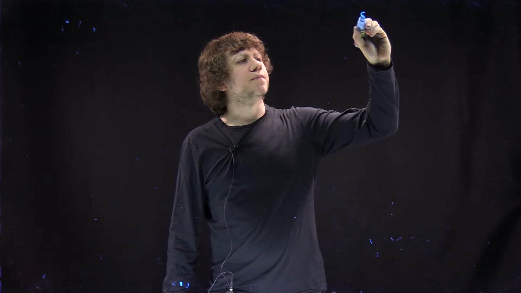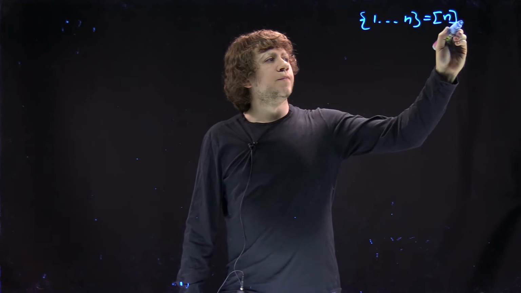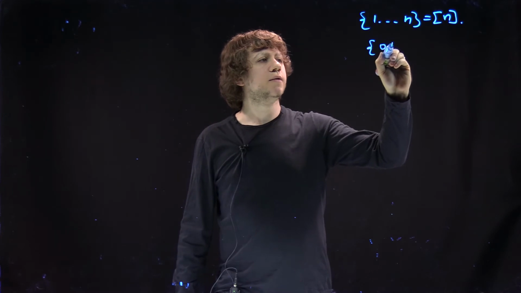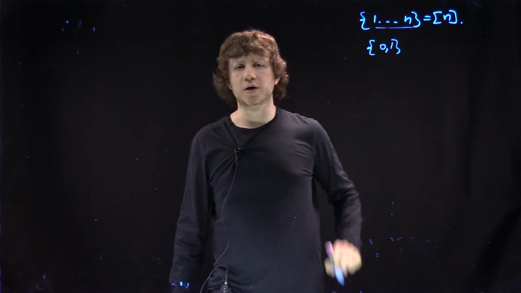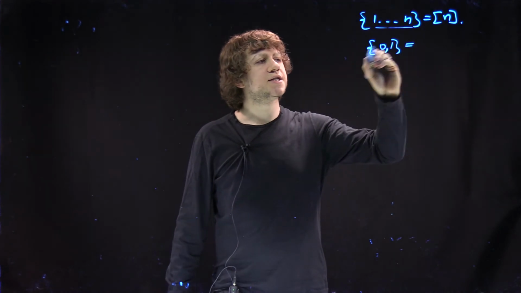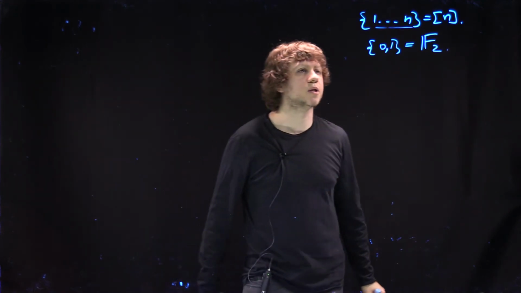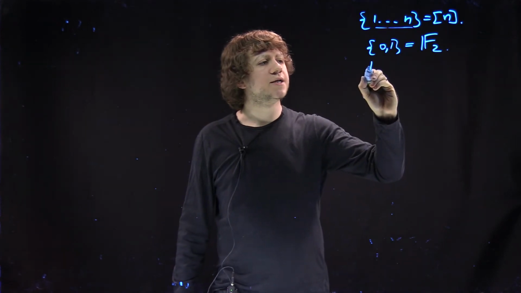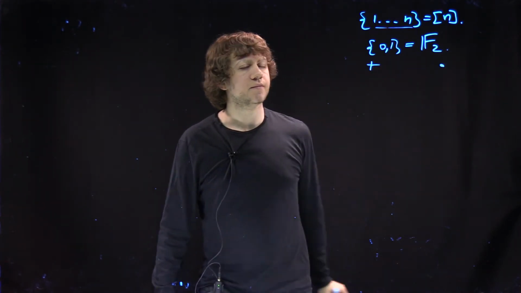But still, again, we have a set from 1 to n, which I denoted by n. And I have two symbols, 0 and 1. This 0 and 1 has nothing to do with the 1 up to n. I want to introduce some operations with them. Firstly, for this set, I will introduce the notation F2. If you know what fields are, this is exactly a field with 2 elements, but this is just a set for now. Then I want to introduce operations, addition and multiplication.